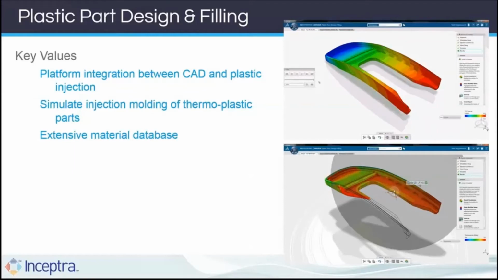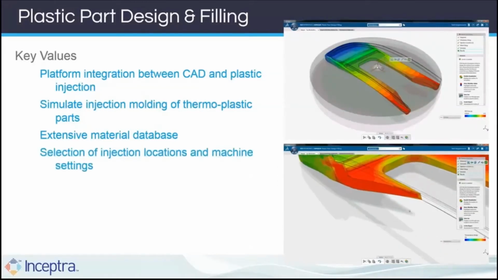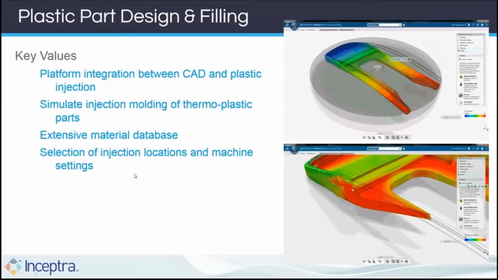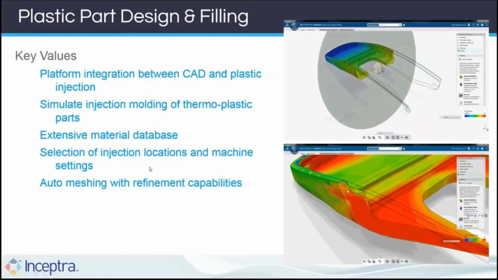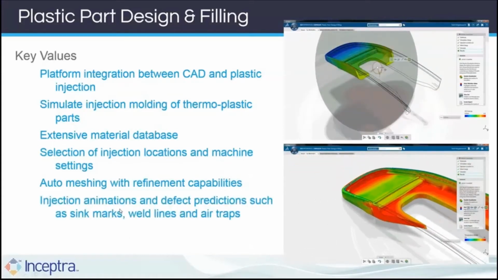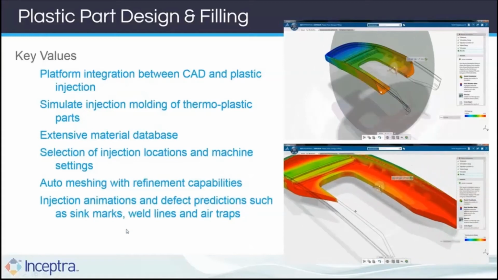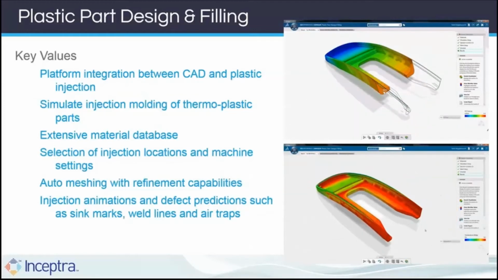Thermoplastic parts. There's an extensive material database that's been brought along from SIMPO that's part of the 3DEXPERIENCE installation. And we can set up injection locations and some default machine settings and mesh, and also refine the mesh. We'll be able to see the mesh, refine it in different areas, and run that injection simulation to see things like fill time, pressure front, get your sink marks, weld lines, air traps, and just see if you're going to be able to actually even fill the part to begin with.